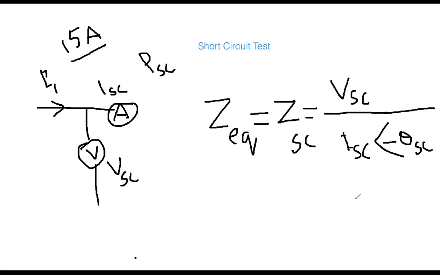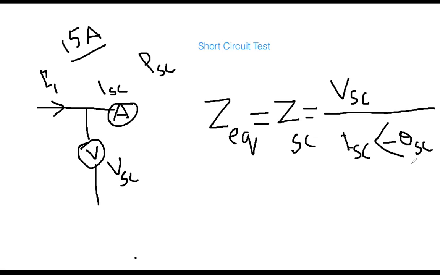Because this is a transformer, and the transformer equivalent circuit is simply a coil. What is the type of the power factor, leading or lagging? This is lagging because this is a coil. So in case of a transformer, the power factor is mainly lagging. To represent that lagging power factor, I put a minus sign here.